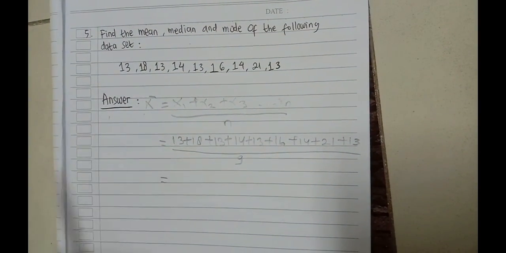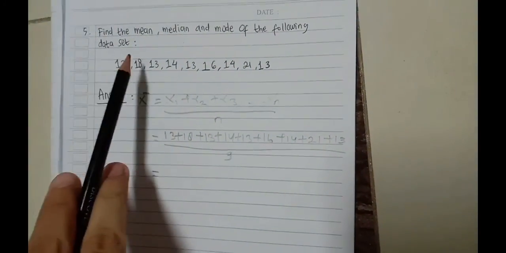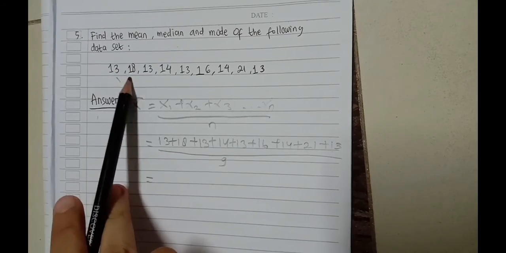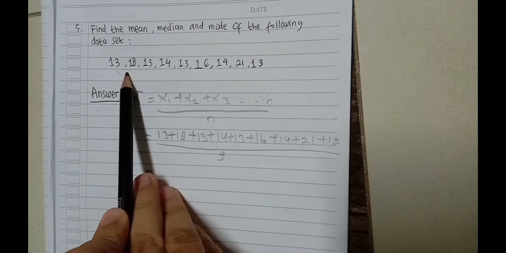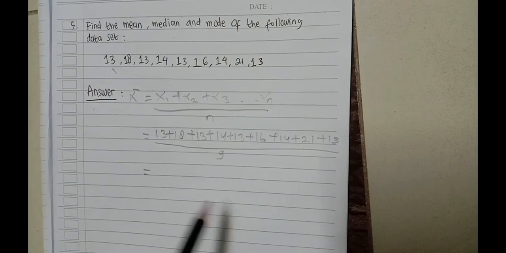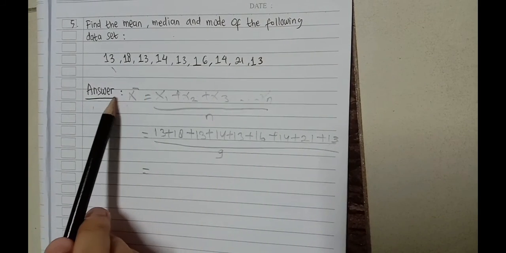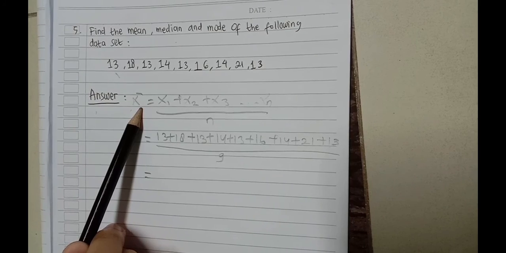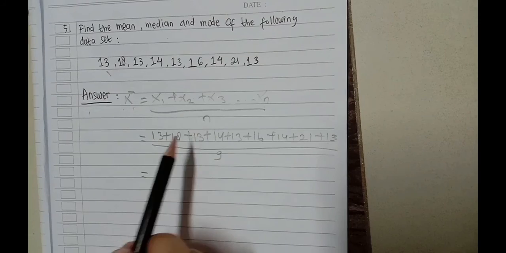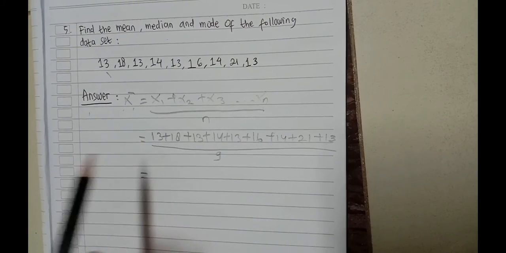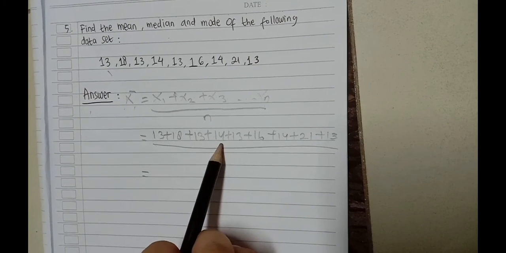Exercise, find the mean, median, and mode of the following data set. You can see the numbers, and there are 9 numbers. And the first we will find the mean. This is the formula of the mean, and we must put all the numbers in here.